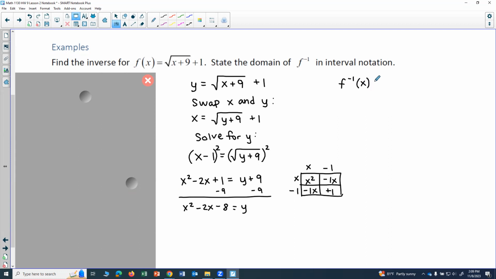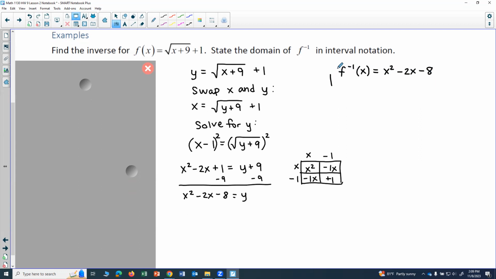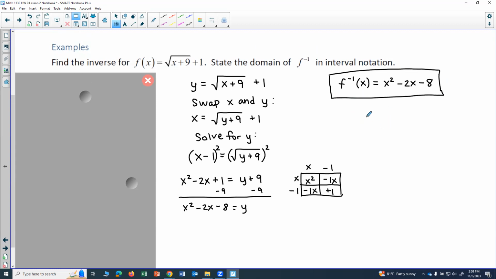So I have f inverse x equals x squared minus 2x minus 8. All right, now the next part is to find the domain of f inverse in interval notation.